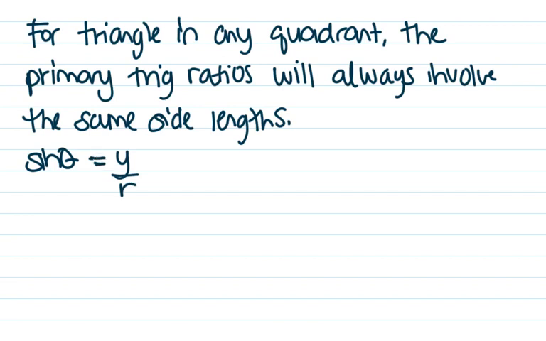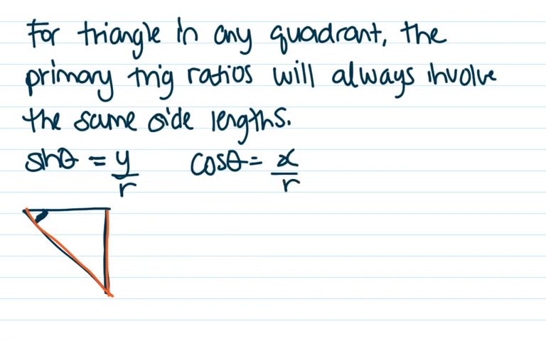And that's because, if I have my triangle here, and I'm looking at this angle here, y will be this side length here, which is the opposite, and r is the hypotenuse. Cos theta will be x over r.